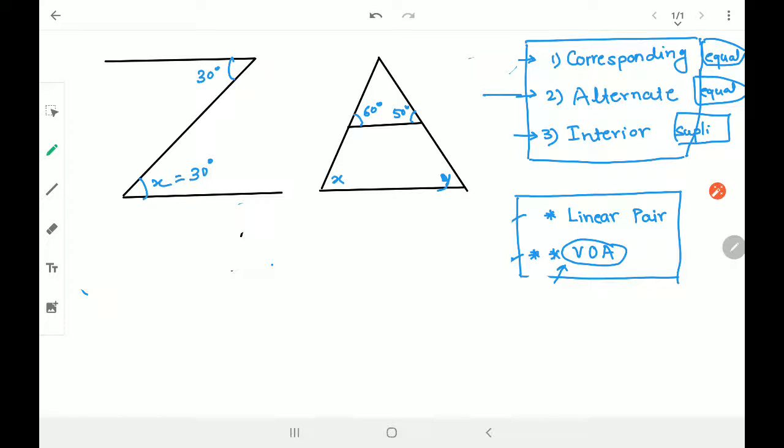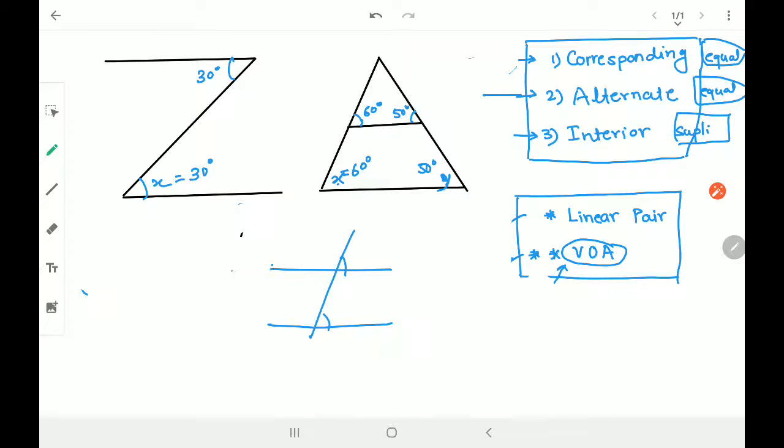What type of angles are these? Think about it quickly, whether it is corresponding, alternate, or interior. I'll tell you, it is a corresponding angle. Imagine these two angles, this and this. So they are corresponding angles, and corresponding angles are equal. So x is equal to 60 degrees and y is equal to 50 degrees.